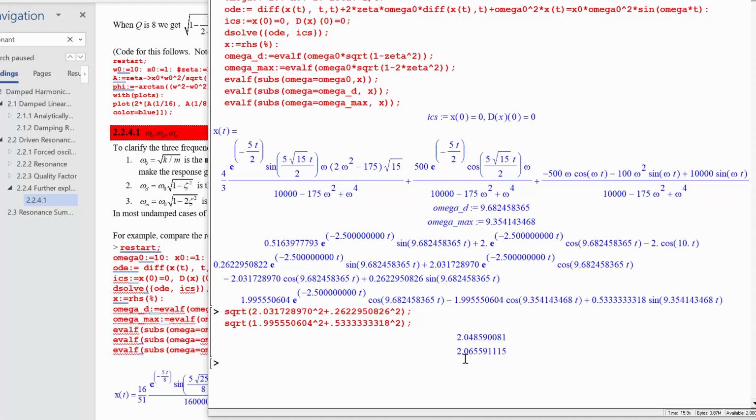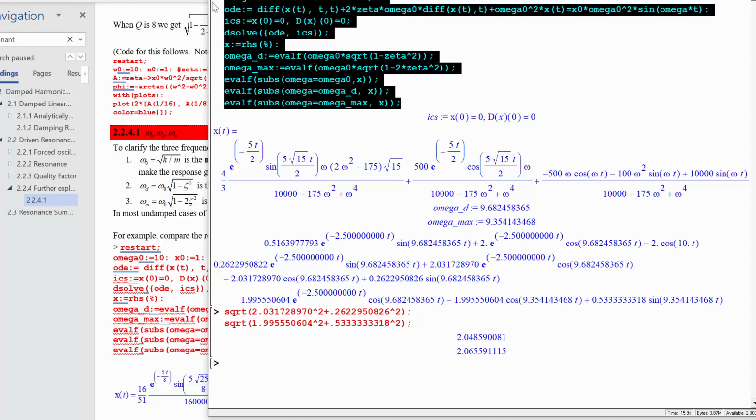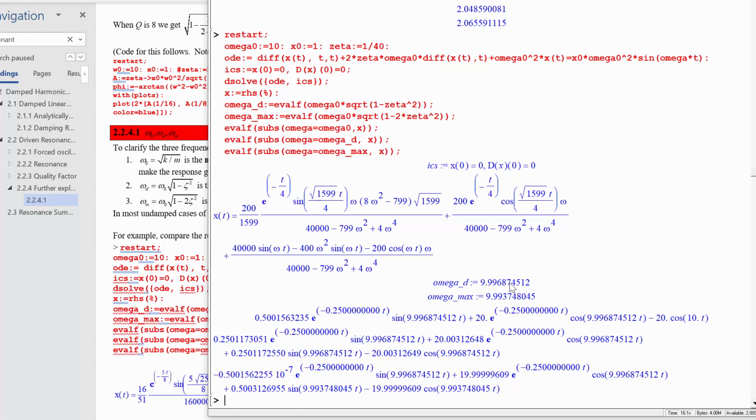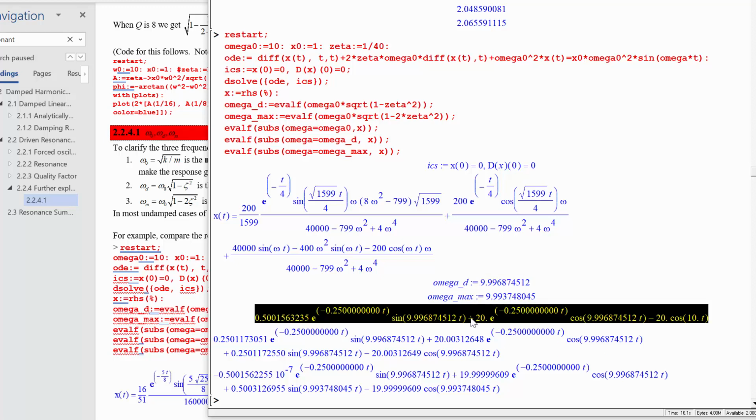What about if we go to a very small zeta? So what about 1 over 40? Okay, now the frequencies are incredibly close together, so we might be even running into the limits of precision soon if we take this too far. Let's have a look. So the natural frequency, this first term here, makes it respond at an amplitude of 20.